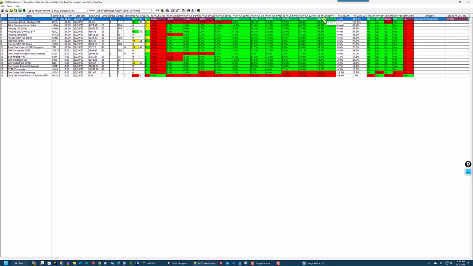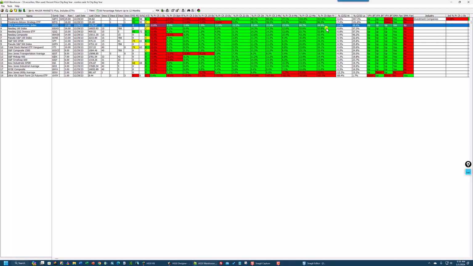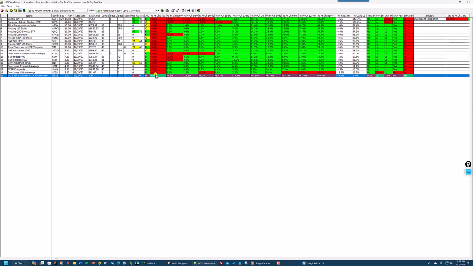This one's up 317% for the year. The BITO is up 96.5, followed by the SOX, then the NASDAQ 100, and so on. The only losers were the ultra short-term VIX, the UVXY, and the utility average.